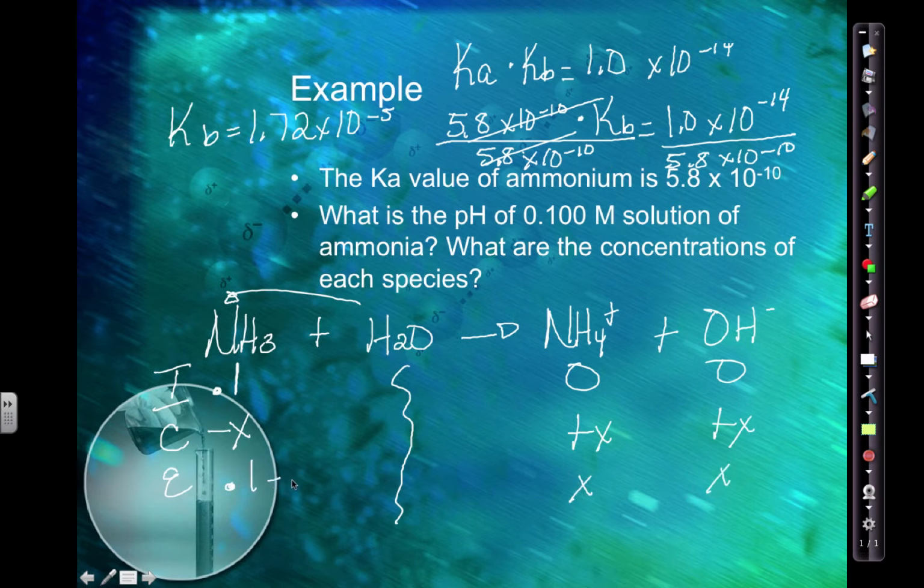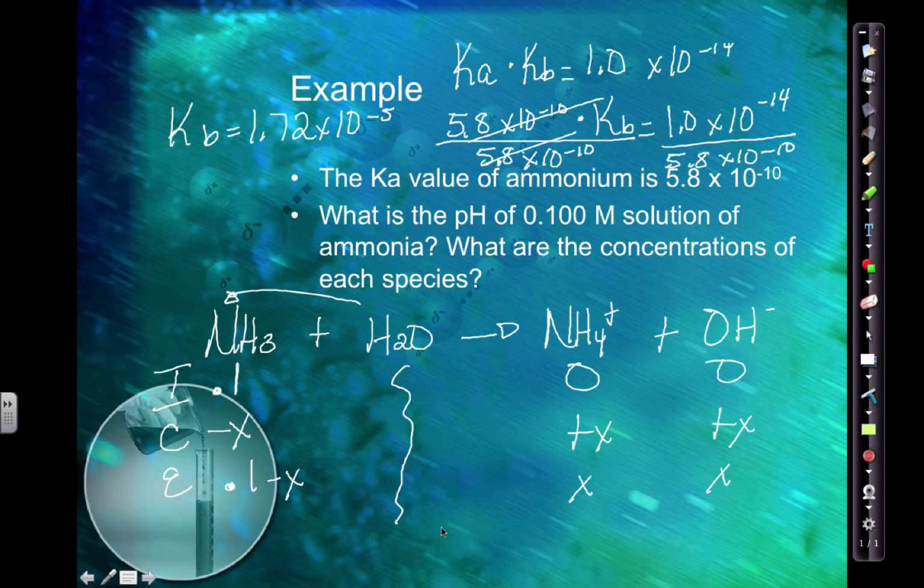So 0.1 minus x. We need to find the pH, which means I need the concentration of hydronium. Well, I'm going to get my concentration of hydroxide here because it's a basic solution. Once I get that, I can find my pOH and get the pH. So we're going to plug everything into the Kb expression.